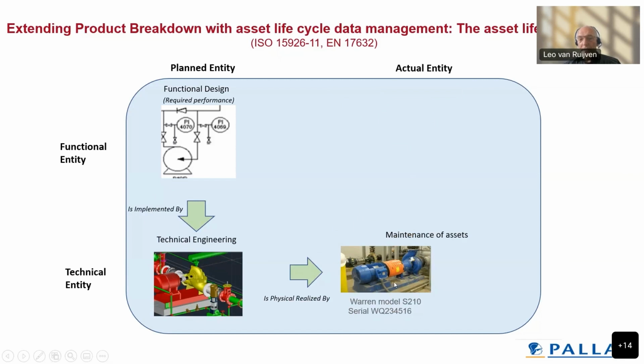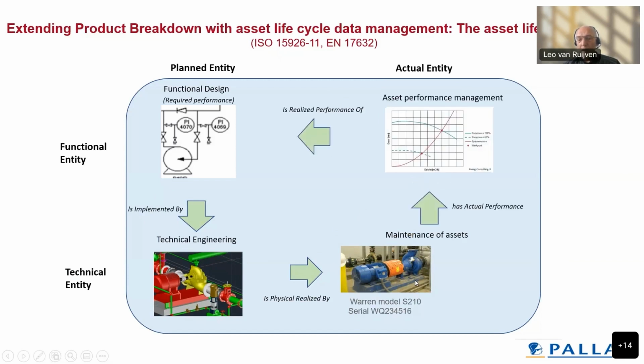And at the end, based on the specification data, we buy things and install them, and they start to perform, hopefully, according to whatever was planned functionally. So you can say that the physical thing is installed at the place on the drawing. Sometimes it's called the functional location.